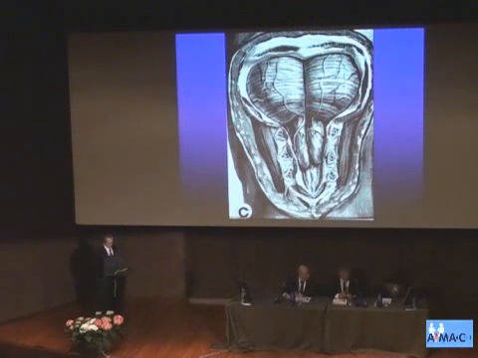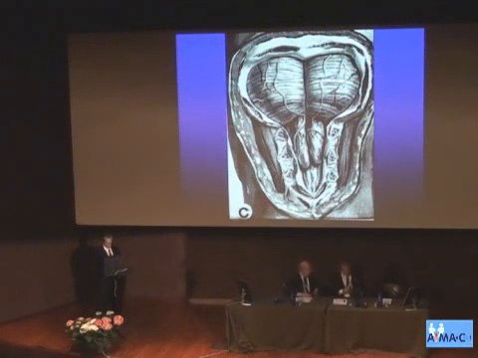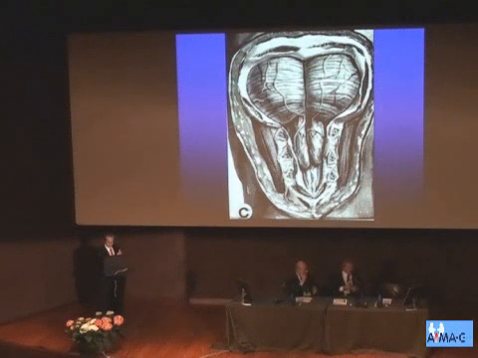I put up an image here, which is a drawing, probably not unlike the image that Dr. Chiari saw when he made his very important remarks about this subject in 1891.